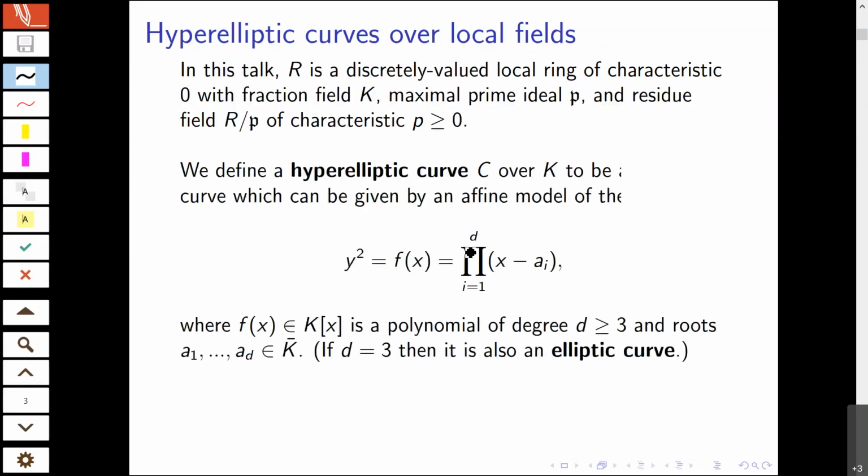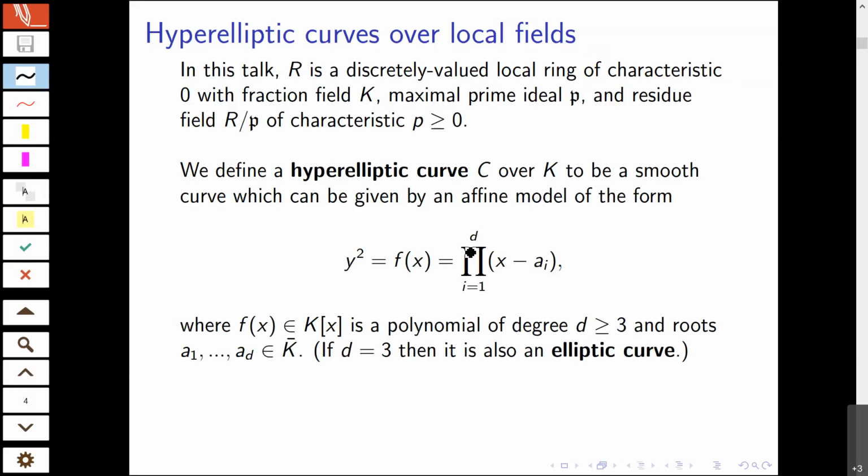Okay, so now we define a hyperelliptic curve. This was defined in basically the same way in the talk before mine, so we're sticking with that definition, where a hyperelliptic curve is a smooth curve whose affine piece is just the set of solutions to an equation of this form, where y squared equals f of x, for some polynomial f.